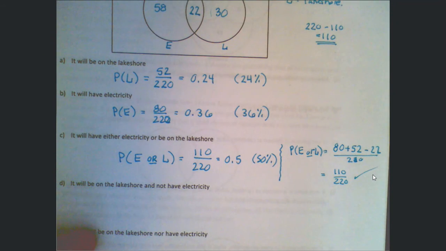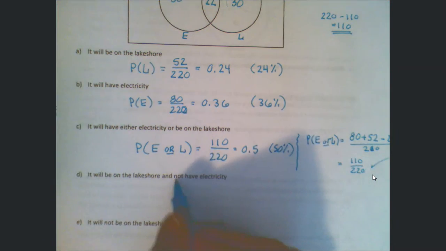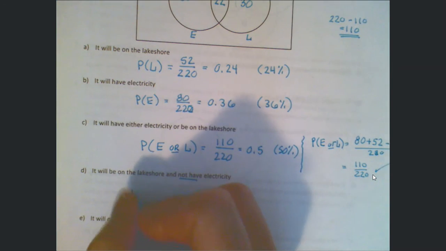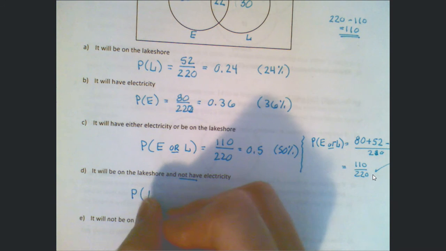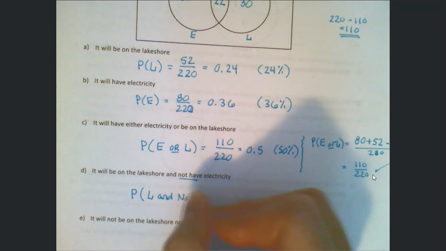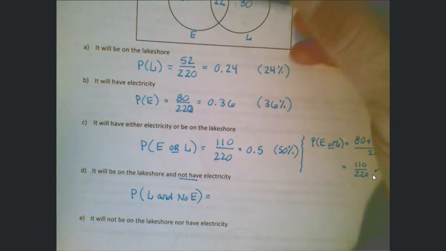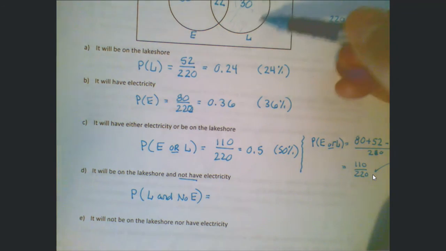Okay. What's the probability that it will be on the lakeshore and not have electricity? So the probability that it's lakeshore and no electricity. Well, look up here. Probability of lakeshore but no electricity, you would shade this part up here.